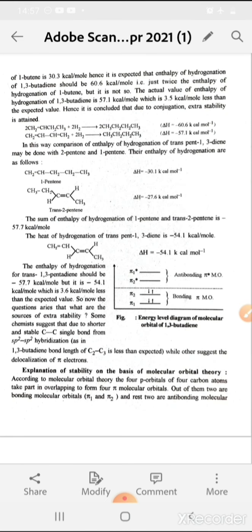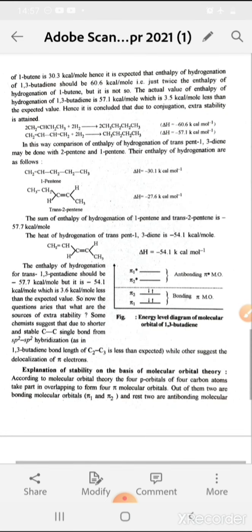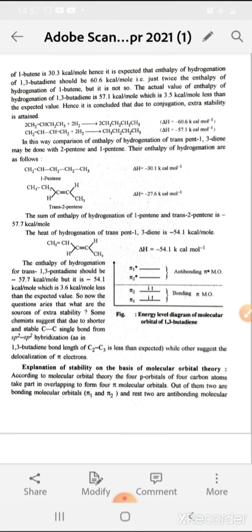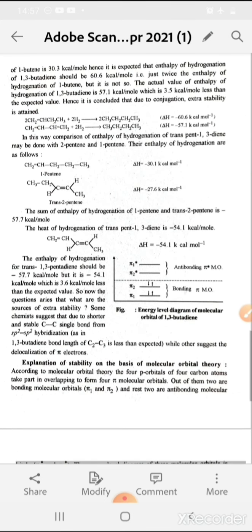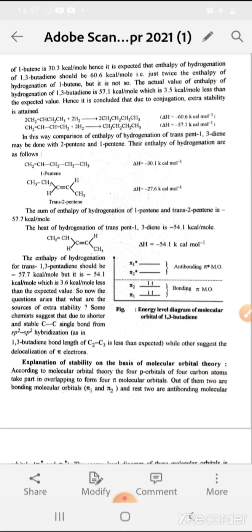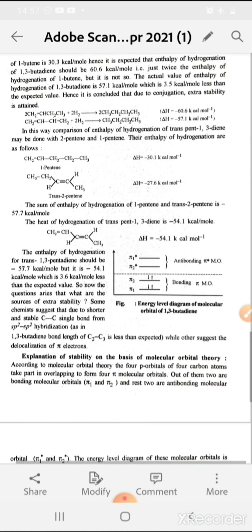In this way, the enthalpy of hydrogenation of trans-1,3-pentadiene may be compared with 2-pentene and 1-pentene. The enthalpies of hydrogenation are as follows. The enthalpy of hydrogenation of 1-pentene is minus 30.1 kilocalorie per mole and that of trans-2-pentene is minus 27.6 kilocalorie per mole.